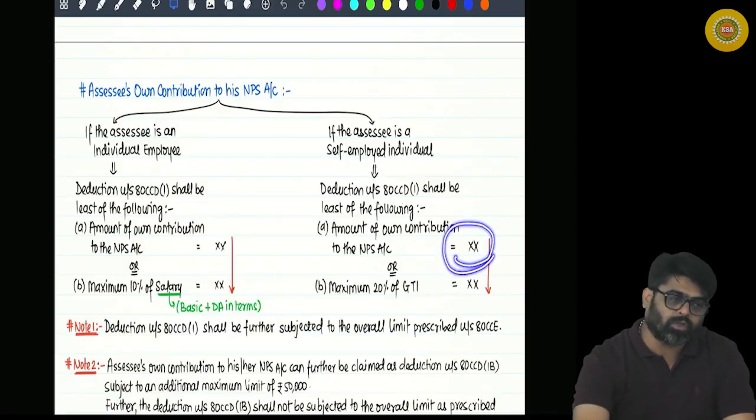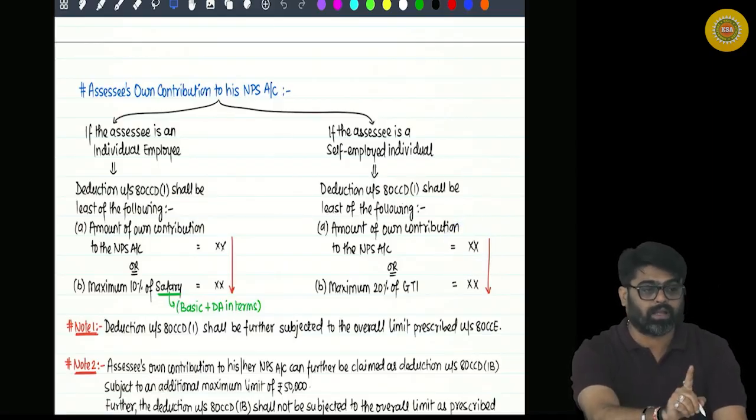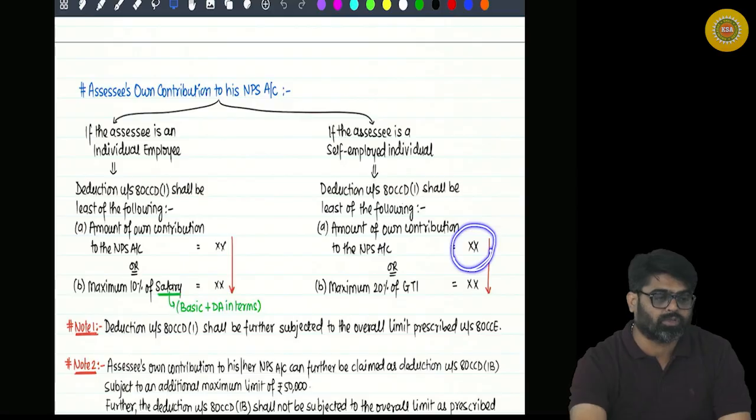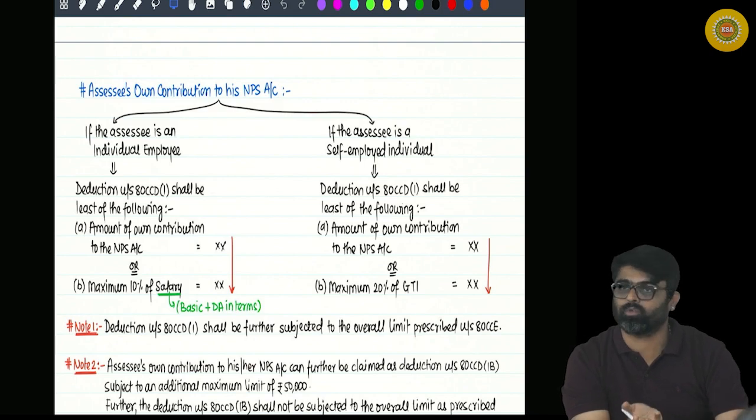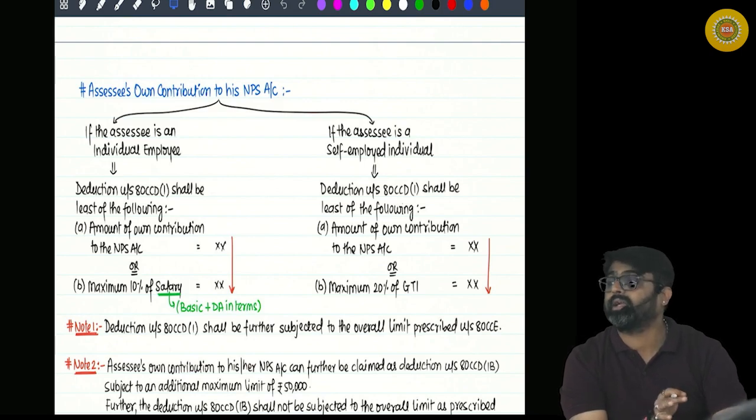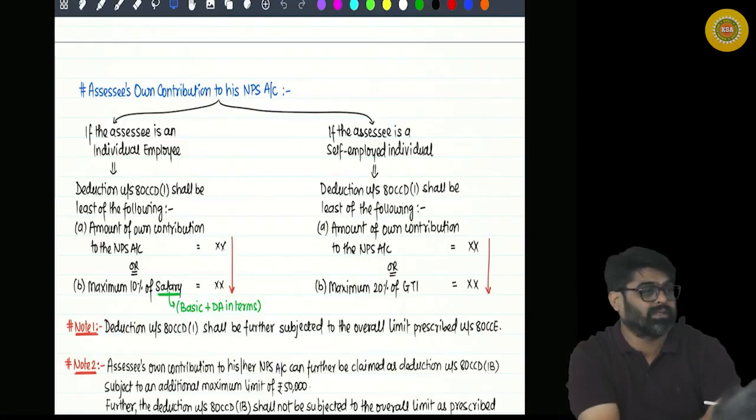How much can you claim? You can claim your entire contribution or 20% of your GTI, whichever is lower. So your contribution will be allowed under section 80CCD 1, subject to maximum 20% of your GTI.